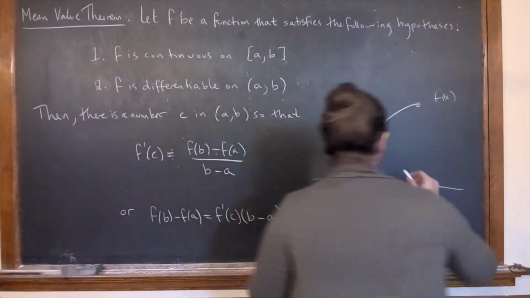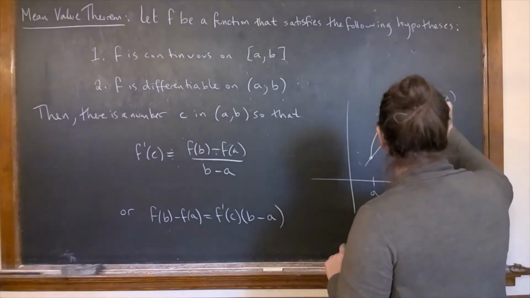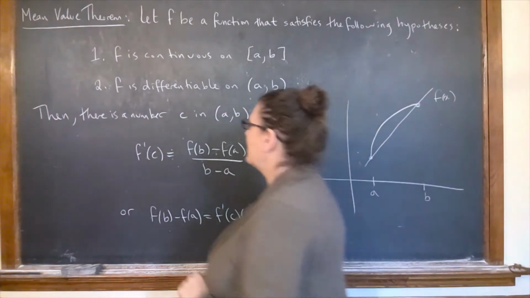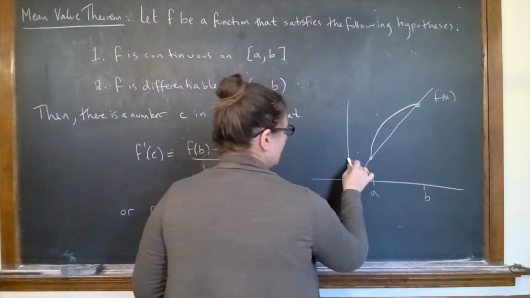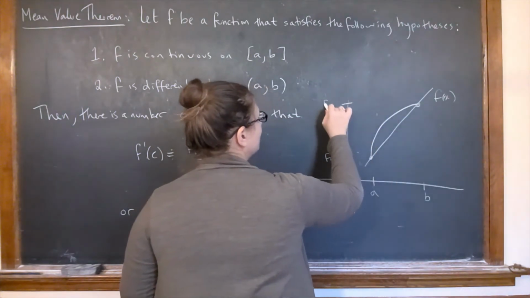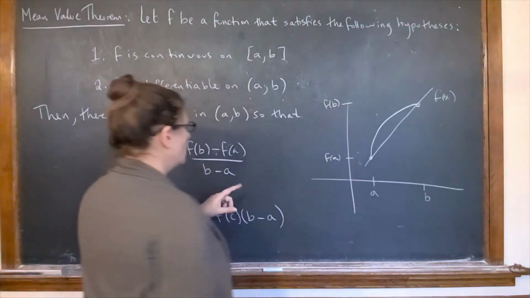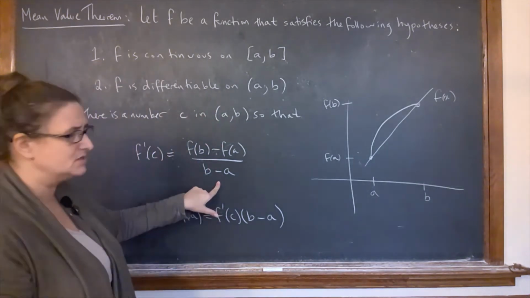So if I look at this slope, that's the slope of the secant line. Right, so if I look at the secant line between a, f of a and b, f of b, the slope of this line is that, right? Just the slope of the line.